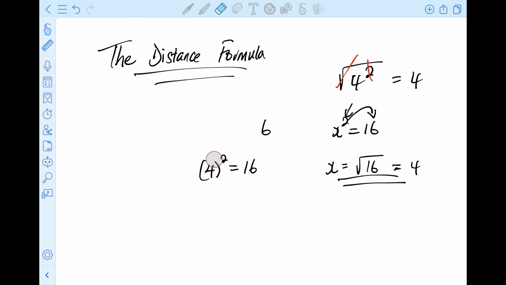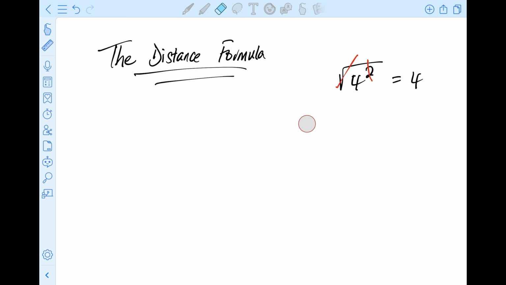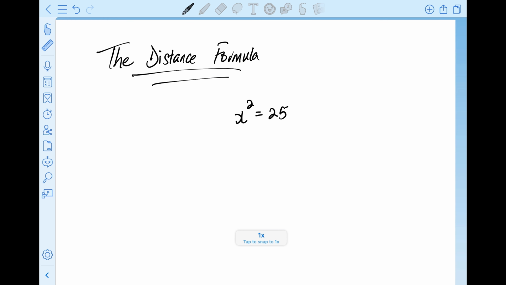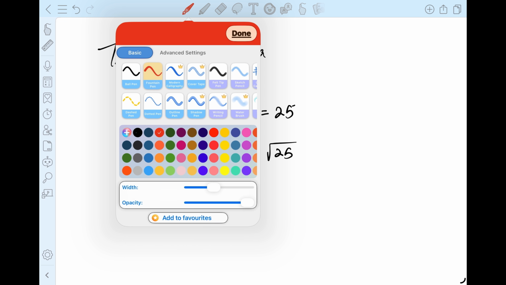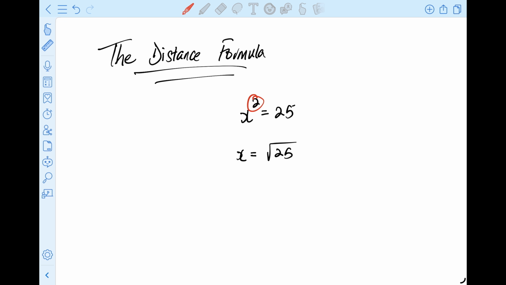Let's look at another one. What about x squared is equal to 25? Based on the last thing we just did, x would be equal to the square root of 25, because I'm simply moving the square over the equal sign and it becomes a square root.